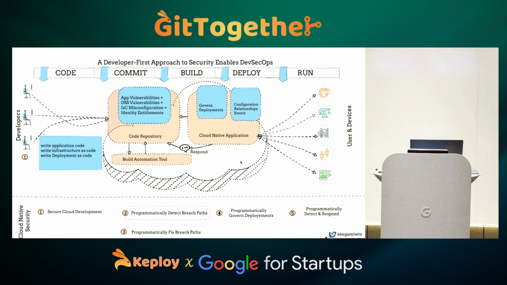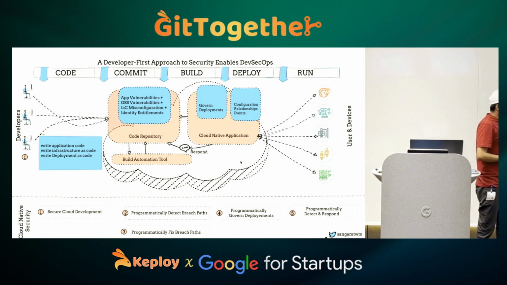Maybe you have vulnerabilities. Maybe you have OSS vulnerabilities, where you use an older version. You have seen the log4j kind of attacks, right? So you need to update your dependencies, you need to think about those kinds of things. It's not just about running the application and getting output, right? Governance is very important.